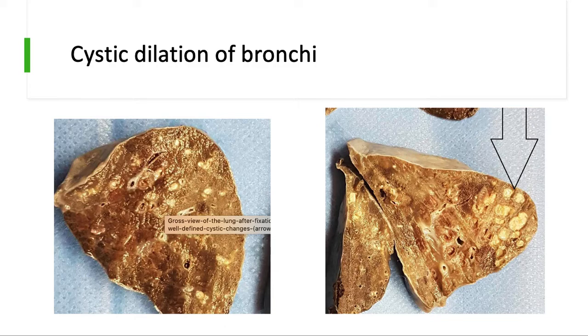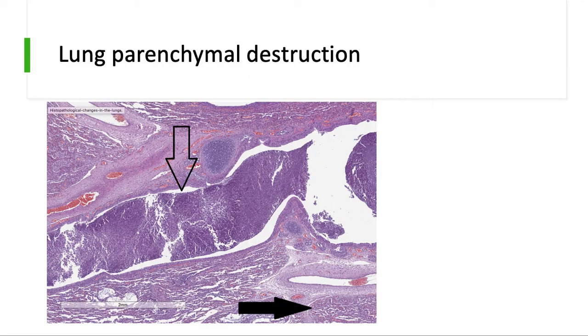Both cases had classical cystic fibrosis-associated changes in the lungs with cystic dilation of bronchi up to 1 centimeter. On histology, areas with lung parenchymal destruction, profuse polymorphonuclear infiltration, and dilated bronchi filled with slime-like detritus matter were clearly visible across all pulmonary sections.